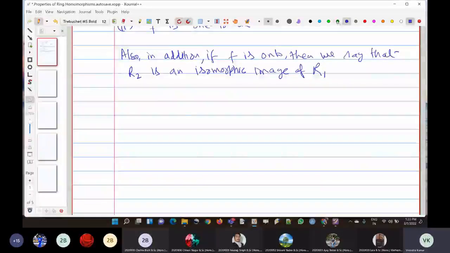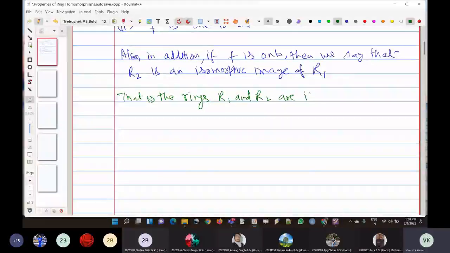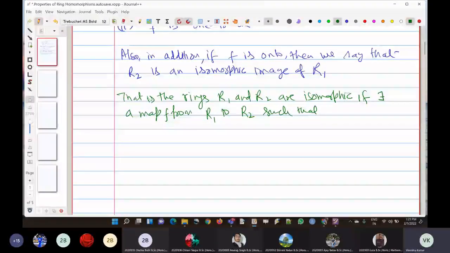So what we mean here is that the rings R1 and R2 are isomorphic if there exists a map f from R1 to R2 such that it satisfies certain conditions. First, f is a homomorphism.